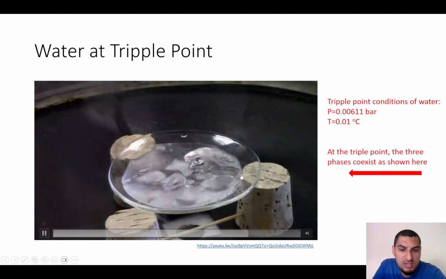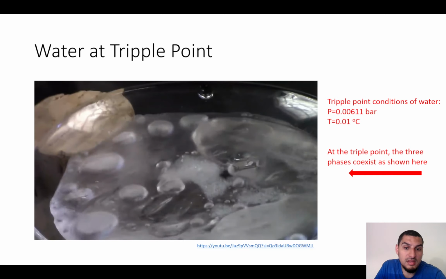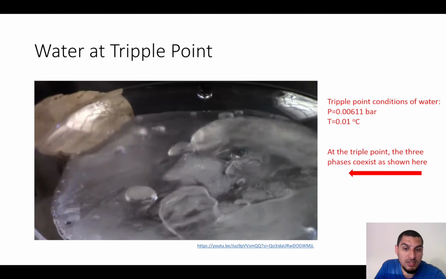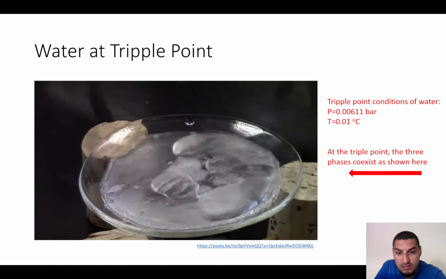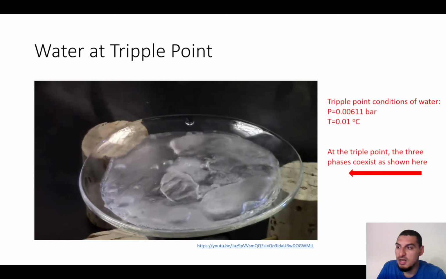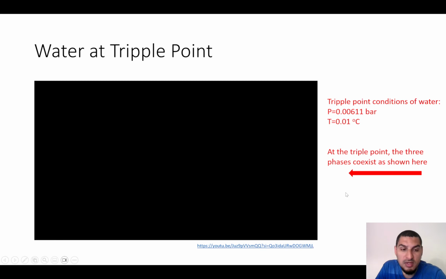And this is what you see. The liquid, solid, and vapor are coexisting at the same time. The phenomena of evaporation and having solid, liquid, and vapor phases are all happening together. So this is what we mean by the triple point.